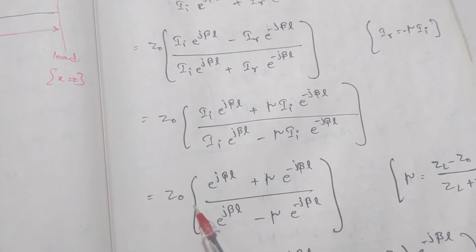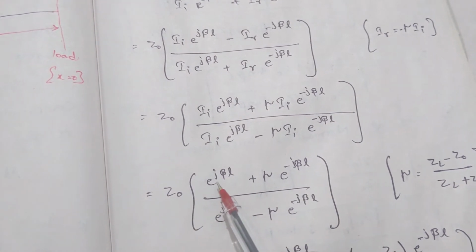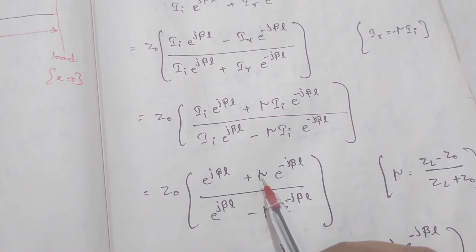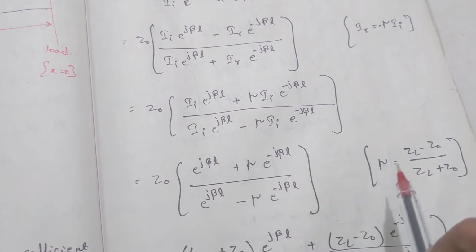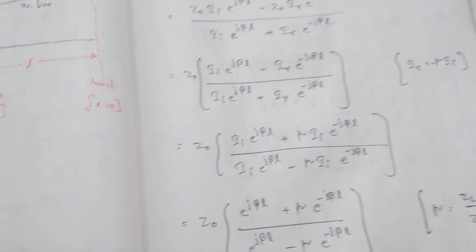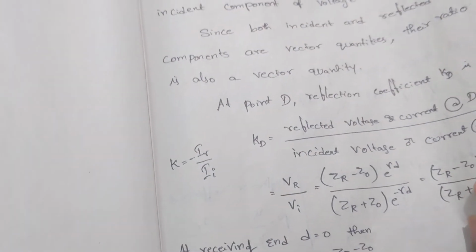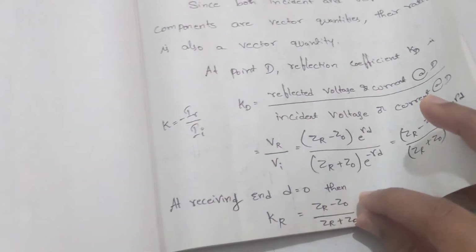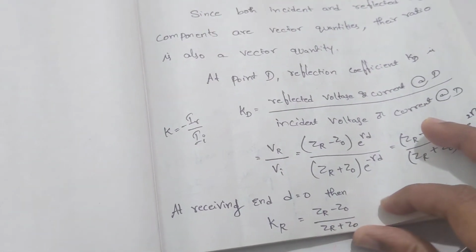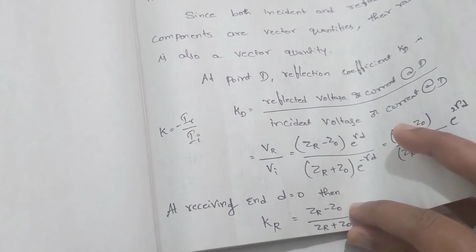So our expression will be Z0 into e power j beta L plus reflection coefficient e power minus j beta L. In our last class we saw the reflection coefficient, which is why I started with it, just to give an idea. The reflection coefficient equals ZL minus Z0 divided by ZL plus Z0.